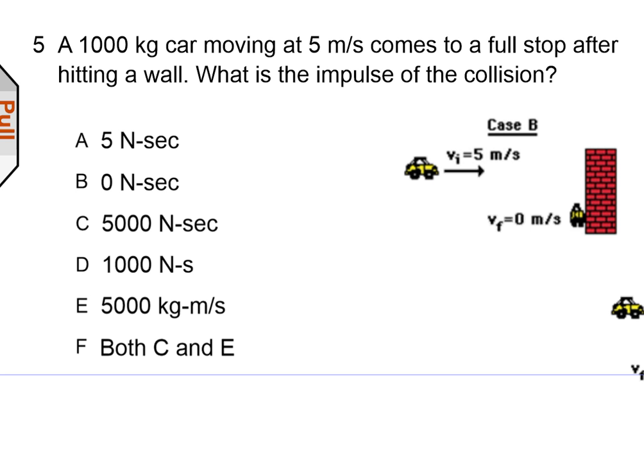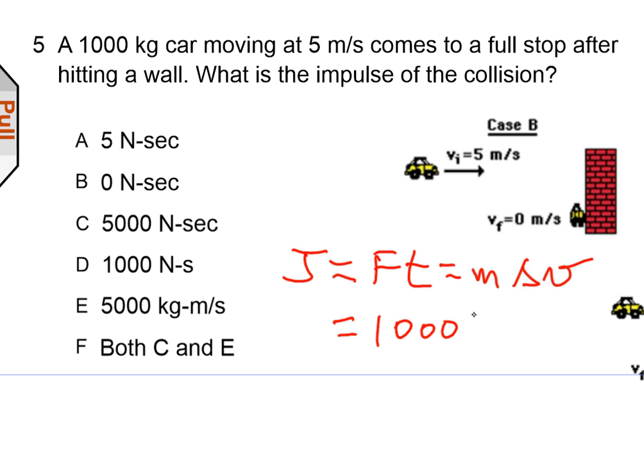Let's do another example of impulse. Supposing we have a 1,000 kilogram car moving at 5 meters per second, hits a wall, comes to a full stop after hitting the wall. What is the impulse of the collision? Well, don't forget what the impulse is. It is just force times time, but it's also equal to the change in momentum. So basically we need to calculate what the change in momentum is. It's a 1,000 kilogram car, and the change in velocity is very simple.